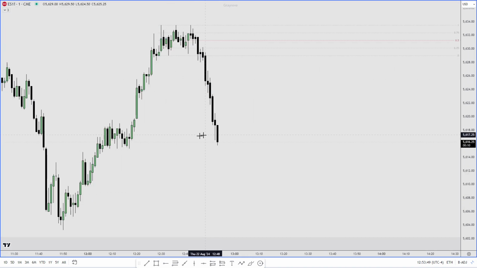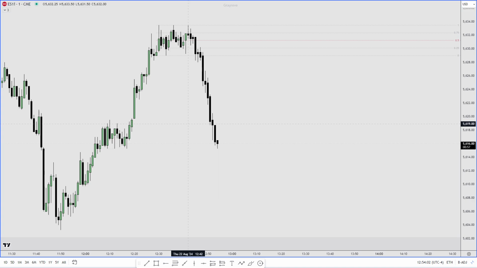Down close candles all the way. Beautiful run down here.